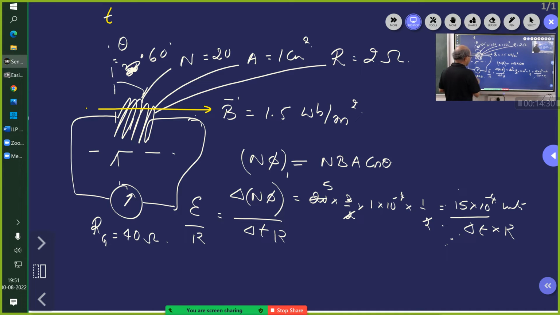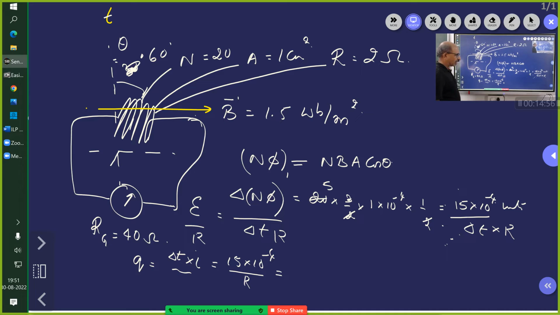On this side, E by R, which is the current I. So I get current I equal to 15 into 10 to the power of minus 4 units upon R, and I will take this delta t to this side. Then I will get Q. That is precisely what they have asked us to find out.